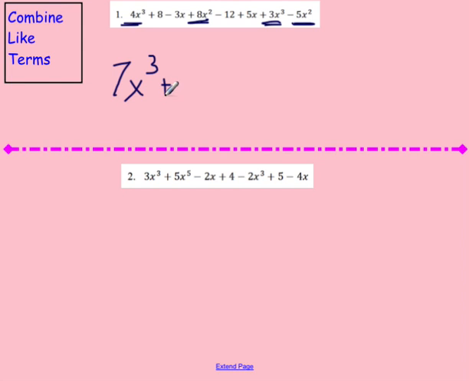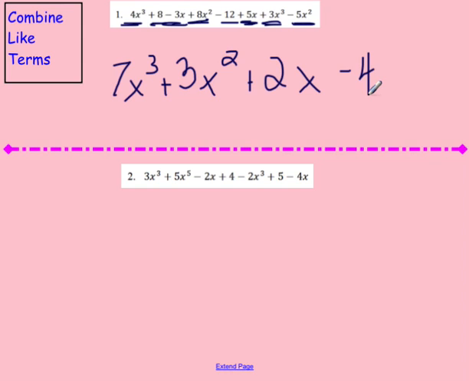So 8 minus 5 is 3. So we're adding the coefficients, but we're keeping the exponents the same. Next, negative 3x plus 5x. Again, adding the coefficients, keeping the exponent the same. And last but not least, 8 minus 12 for our constant is negative 4. So we have 7x cubed plus 3x squared plus 2x minus 4.